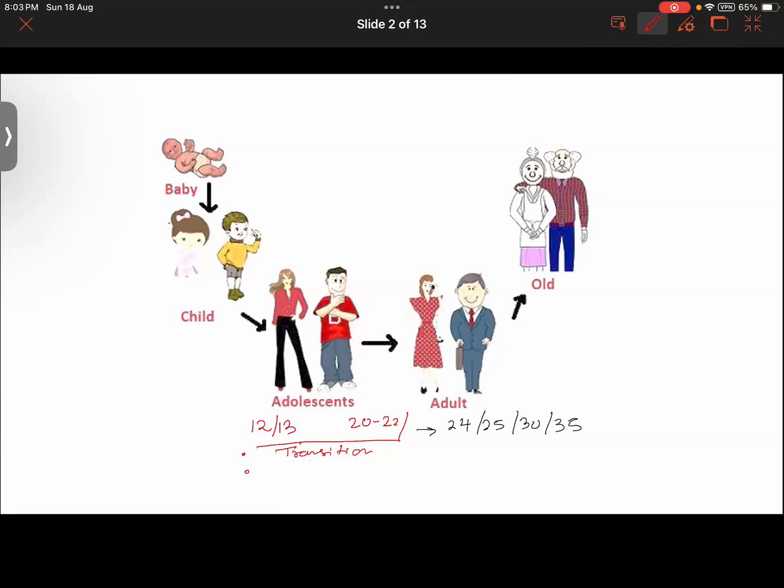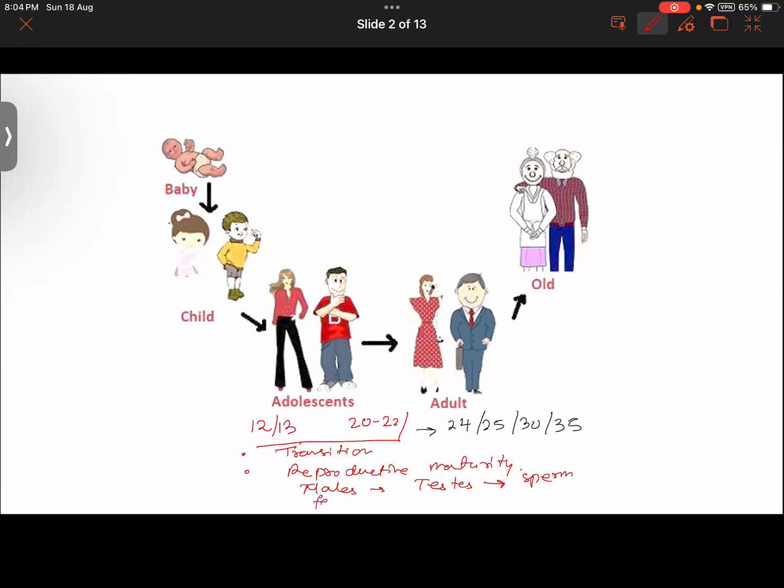Apart from that, there is a reproductive maturity also taking place in their body. Their reproductive organs start to produce the sex cells. In the males, the testis starts to produce the male sex cells called sperm.